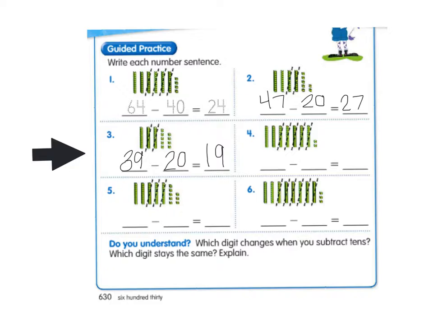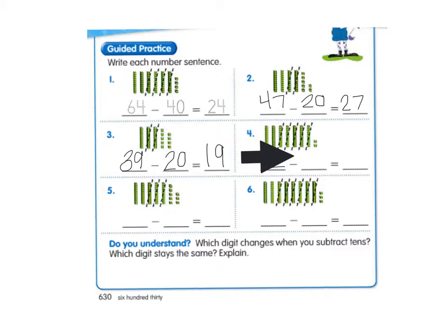Okay, we're going to do one more together. Number 4, again, first step, count all my cubes together. 10, 20, 30, 40, 50, 60, 70, 71, 72. So that's my number that's going to go in my first space, 72. Then if I look, they've crossed out 10, 20, 30, 40, 50.